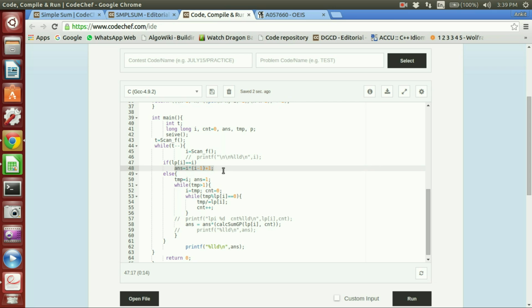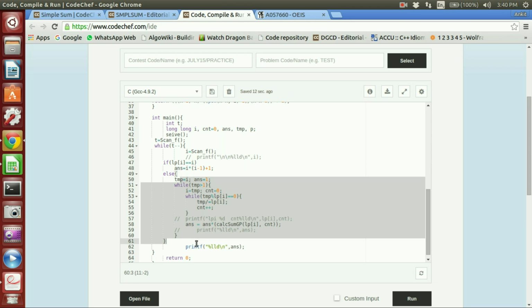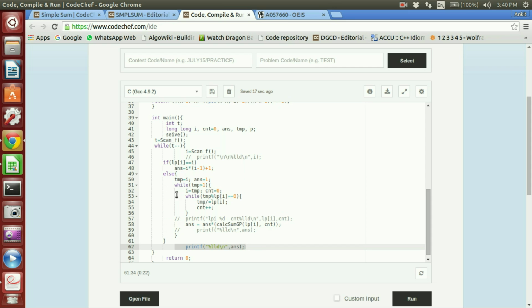We would be discussing this formula later. Now let's go inside the else part. In the else, if that number is not a prime number, we are calculating some values and then we are printing the answer. Now let's understand what we are performing here.